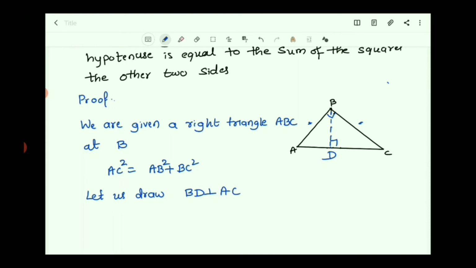Here we have drawn the perpendicular from the right angled vertex to the hypotenuse AC.